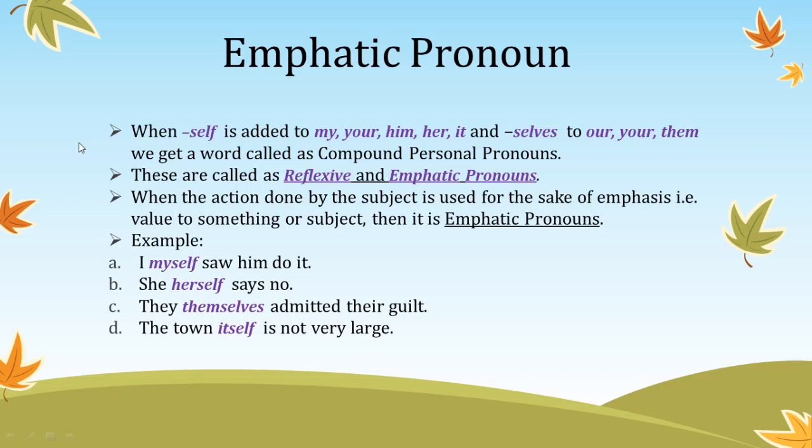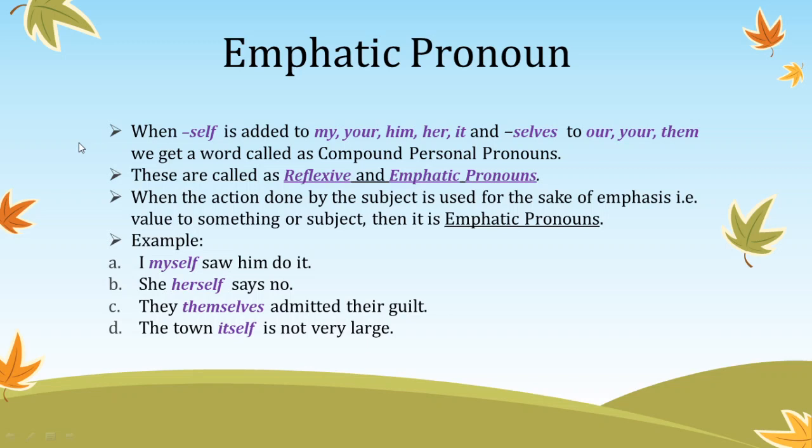That is, I am again giving an importance to me. I am giving value towards me itself, and I am saying I myself saw him do it. Next, she herself says no. Again, after I say she, I am pointing to that particular subject once again by the word herself next to that pronoun. So here, in she herself, herself is nothing but an emphatic pronoun, which is emphasizing she or giving a value to the pronoun she.